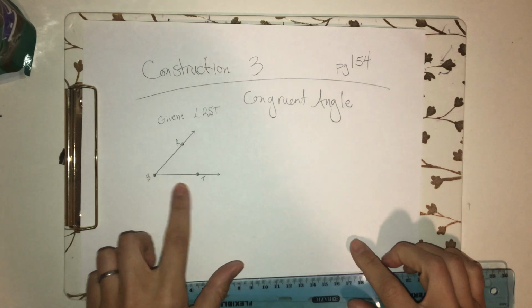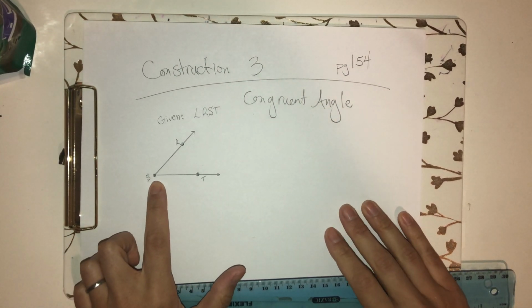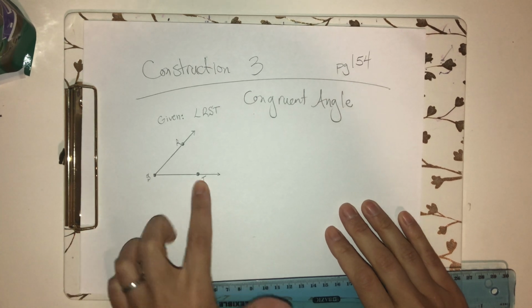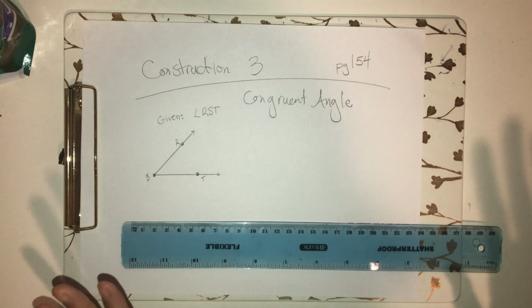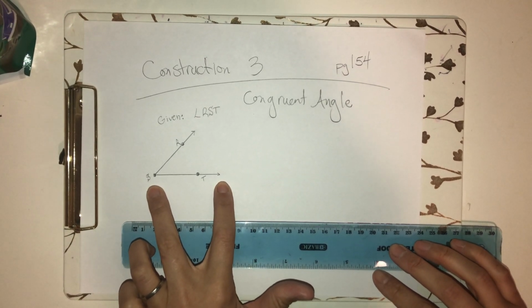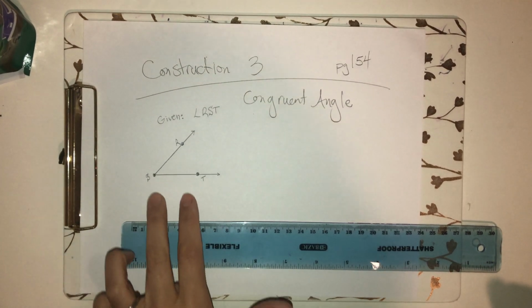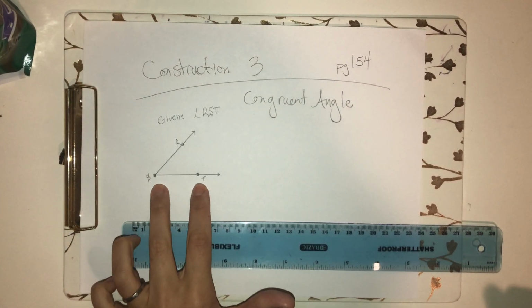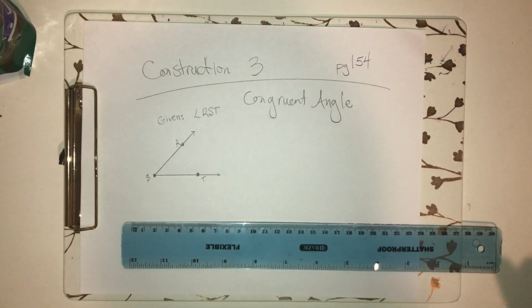Now, ray PQ that you're going to draw over here is going to be analogous to ray ST. So we want to make it horizontal. It does not need to be the same length as the physical representation of this ray right here. But if you wanted to make it the same length, or to make the line segment within the ray the same length, we could go back to construction 1, if you recall.